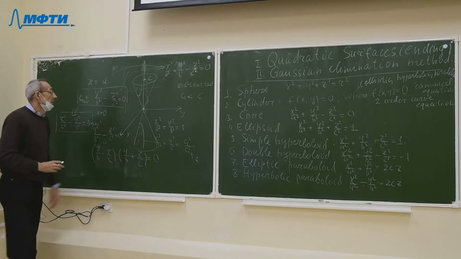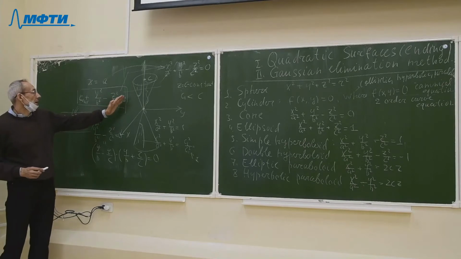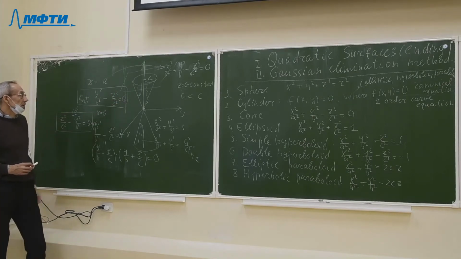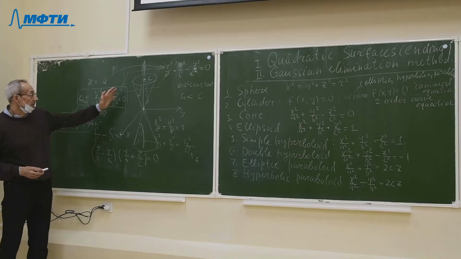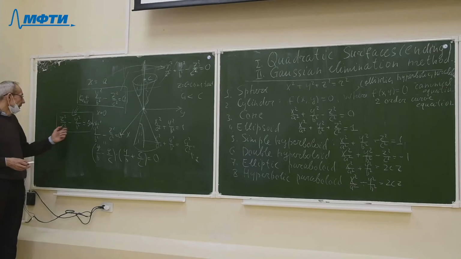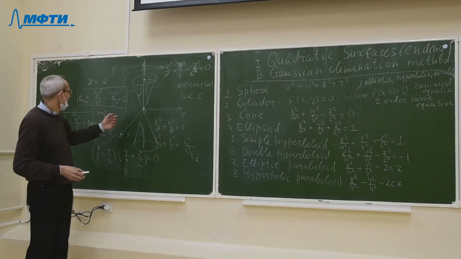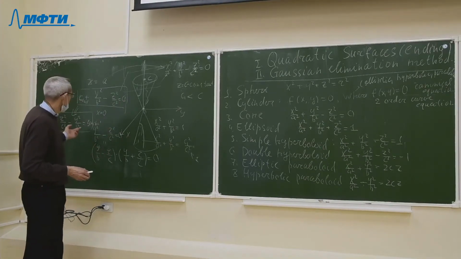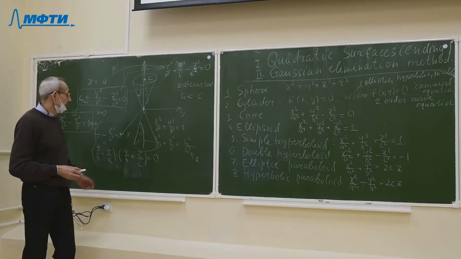If you move this section, we obtain hyperbolas, but these hyperbolas have the same form, with different values of the parameters b and c. And when c is equal to 0, we obtain a pair of intersecting straight lines.